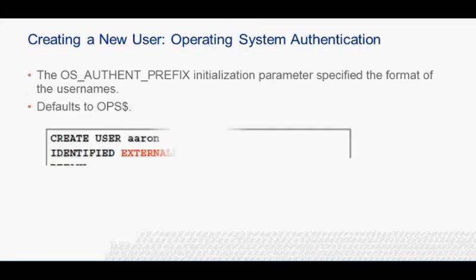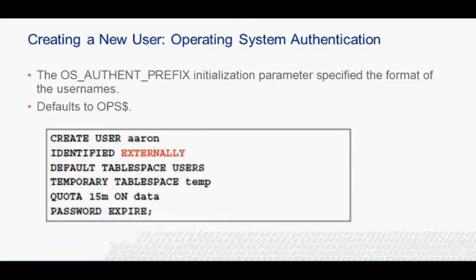Use the IDENTIFIED EXTERNALLY clause of the CREATE USER command to specify that a user must be authenticated by the operating system. This option is generally useful when the user logs on directly to the machine where the Oracle server is running. The OS_AUTHENT_PREFIX initialization parameter is used to specify the format of the usernames for operating system authentication.